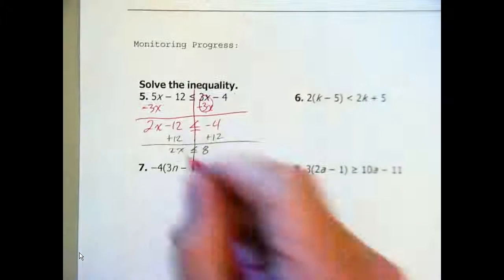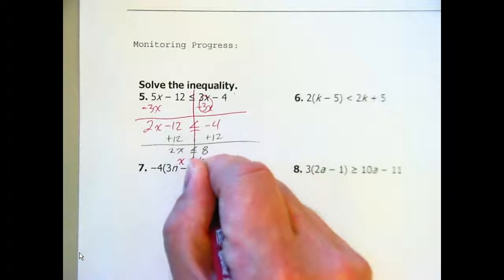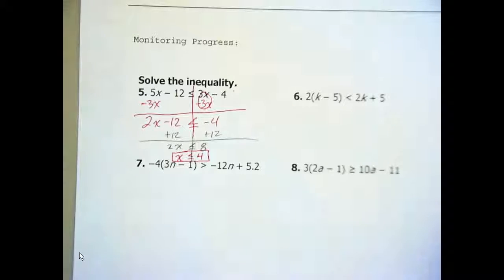All right, so that means we divide by 2, x is less than or equal to 4. Okay, how many got it? Okay, so if you made a mistake, figure out why. Okay, go ahead and finish number 7.